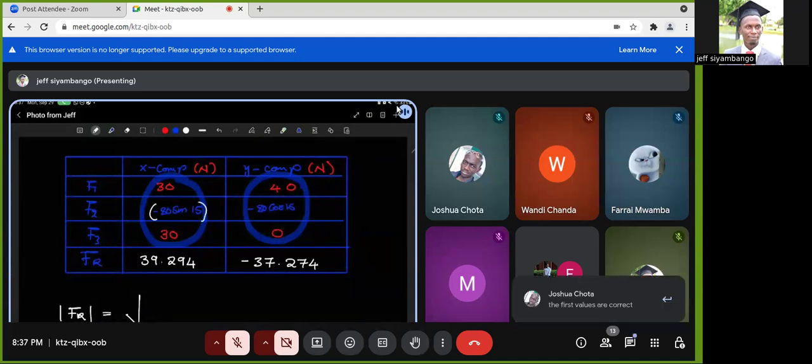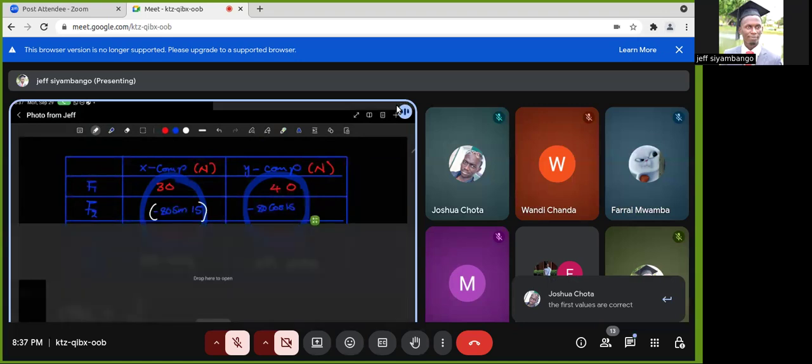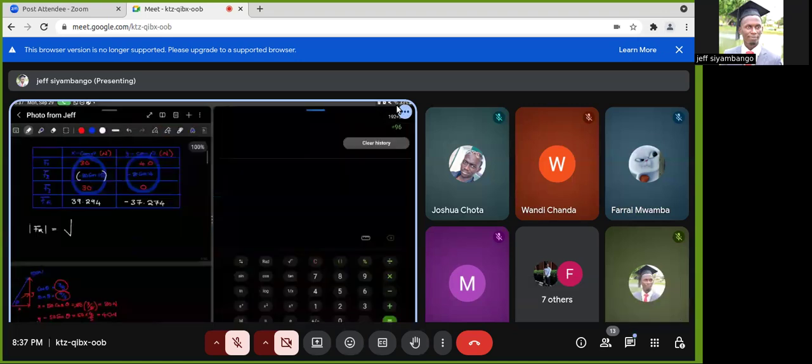Just put that in brackets, and let's see how I would approach it. I hope this calculator has the sign. Yes, it does. So if I want to do everything there, I'll do 30, then plus, then I'll put the bracket, then minus 80, and that's sine 50.